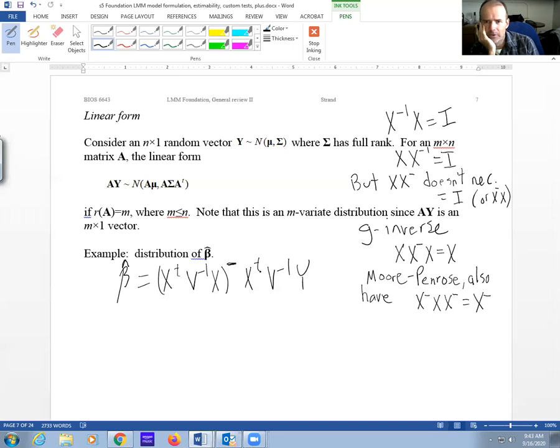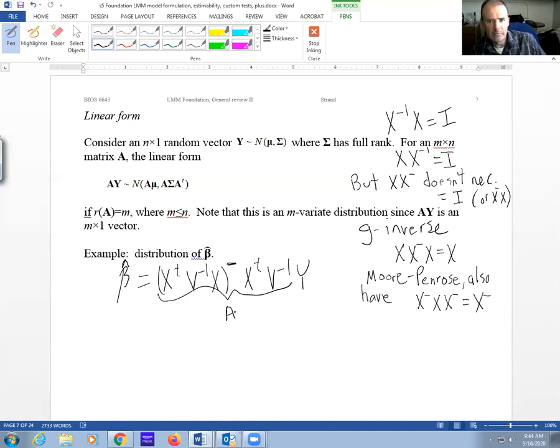It's just a naming convention, really. What if we take this whole thing here and we call that A? If we take a bunch of matrices and multiply them, we're going to end up with a matrix, right?